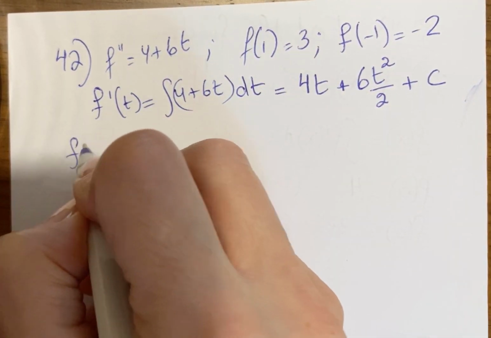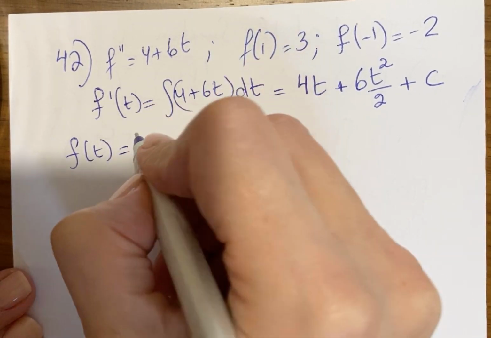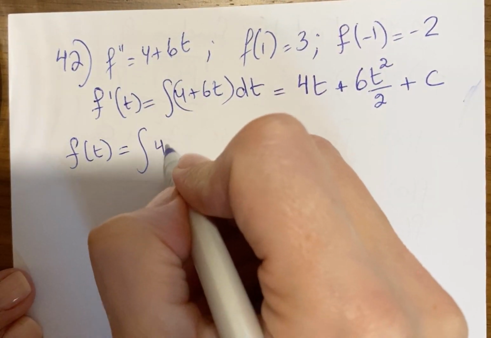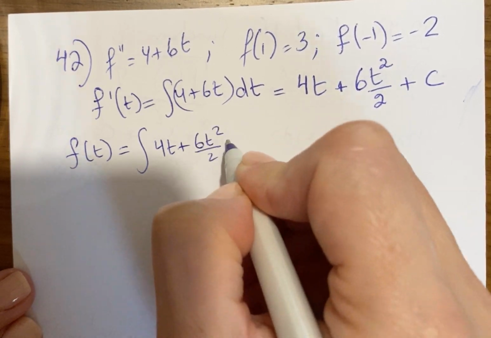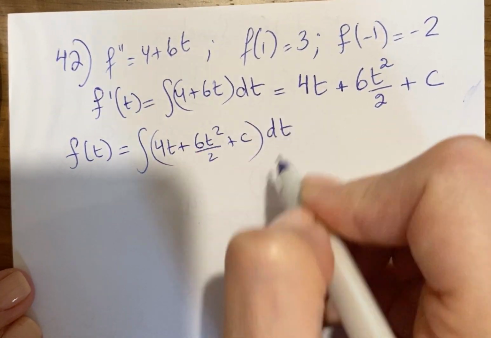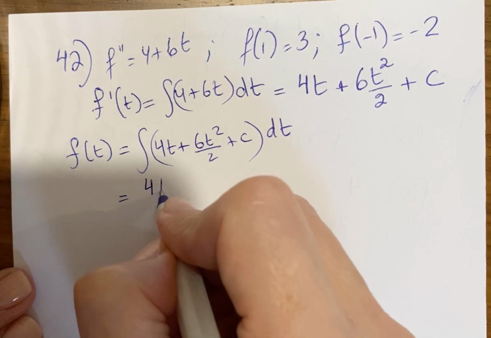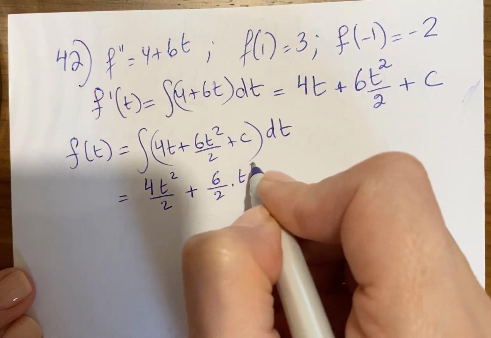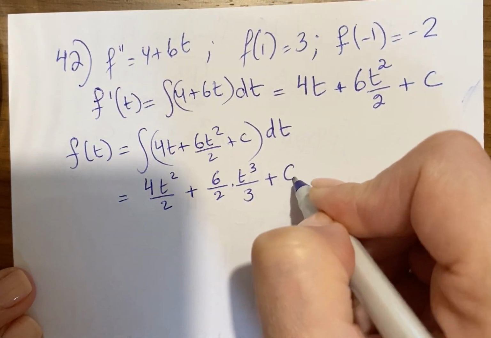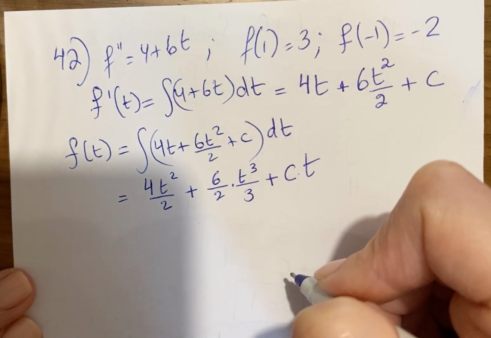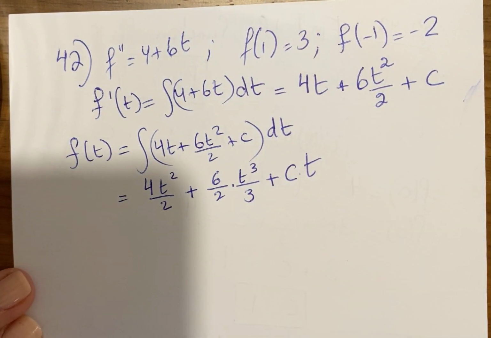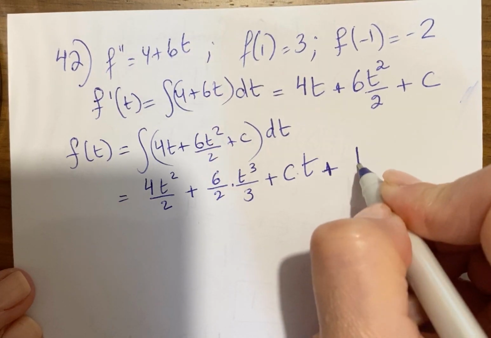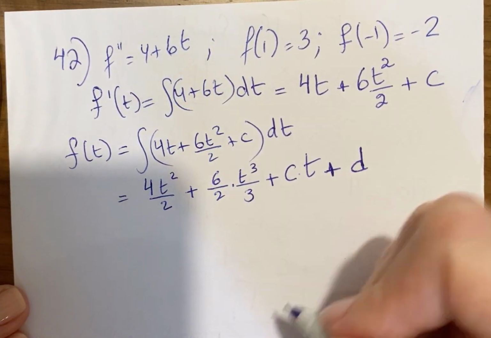What I have to do is move to f of t, which is the antiderivative of f prime with the c involved. This gives me 4t squared over 2 plus 6 over 2 t^3 over 3 plus the c comes, c multiplied by t, because any constant, its antiderivative is constant times t, or if we are integrating with respect to x, it will be constant times x, plus now another constant, call it d so that you don't mix them up.